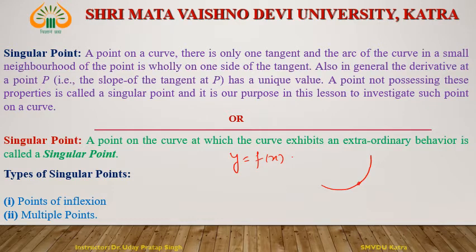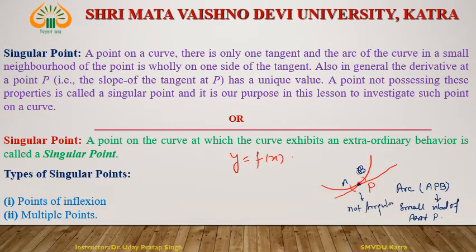Then for point P, if we draw the tangent at point P and we take a small neighborhood of the point P on the curve, say the arc APB, then the arc APB is a small neighborhood of point P. If this small neighborhood lies on one side of the tangent, then this point P is not singular.